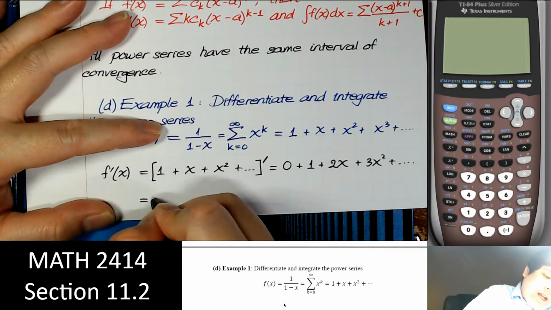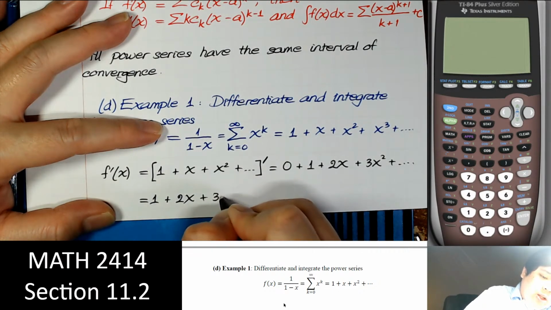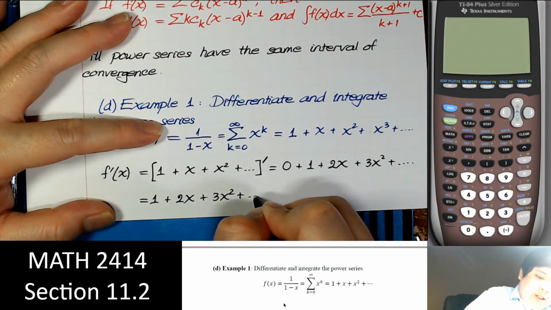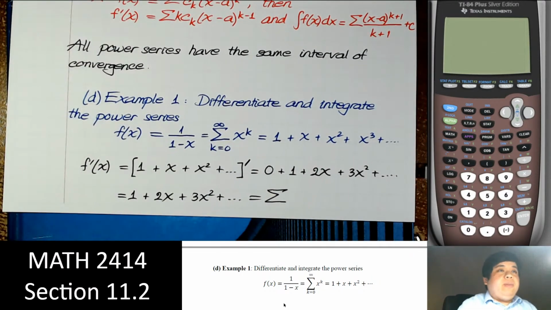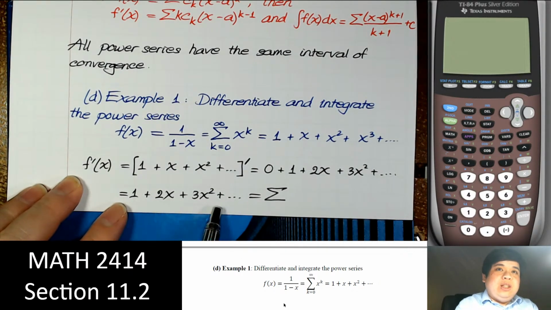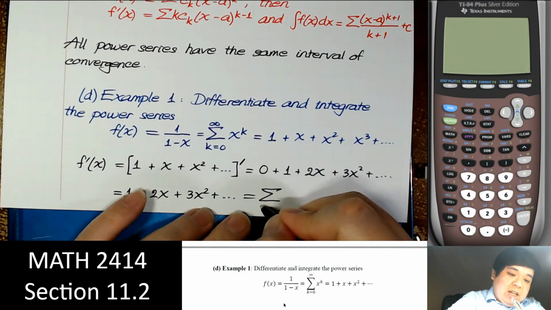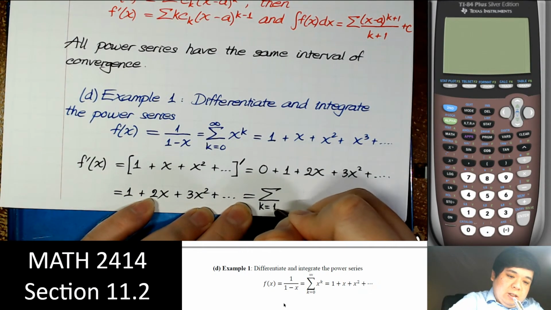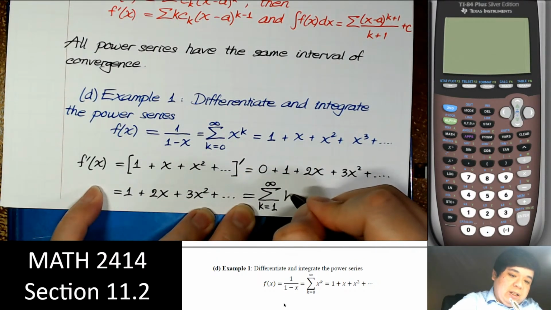So we will write as 1 plus 2x plus 3x squared. But how do we put that in a summation though? Right, so note that the number is increasing, right? 1, 2, 3, and so on. So the first one is 1. So if we let k equal to 1 to infinity, then the coefficient is going to be k.